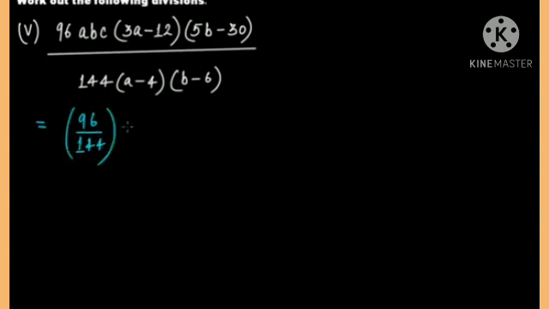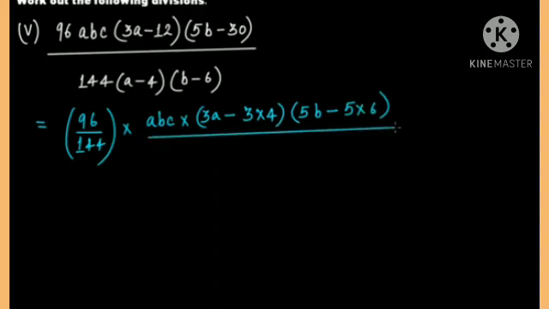Let's group it together, then multiplied by ABC multiplied by this is 3a minus 3 multiplied by 4. 3 multiplied by 4 means 12 multiplied by 5b minus 5 multiplied by 6, and this becomes a minus 4 multiplied by b minus 6.